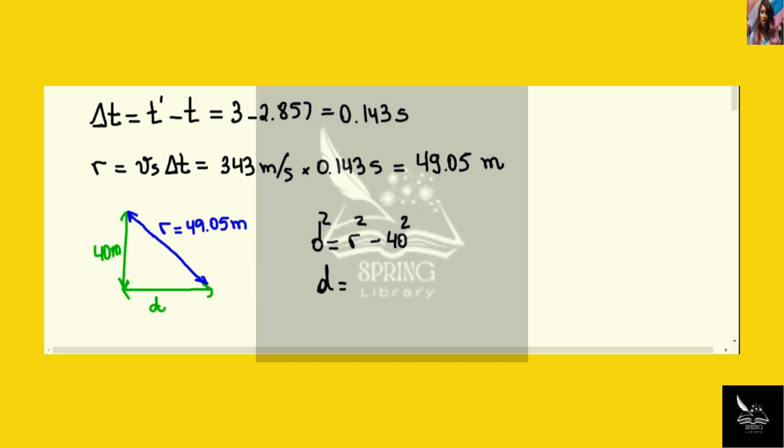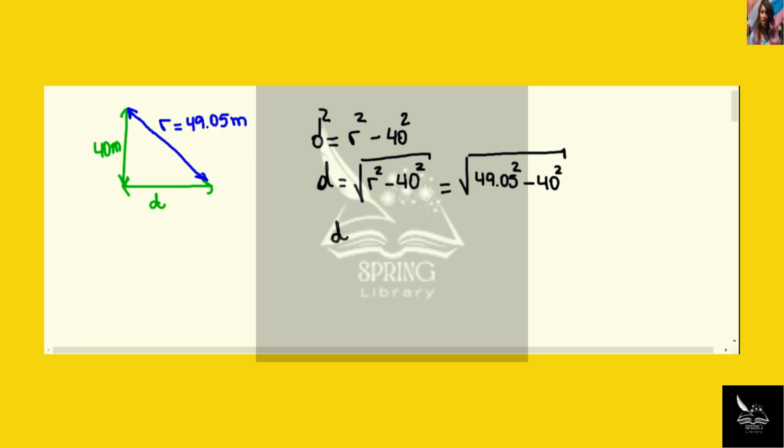So d is equal to the square root of r squared minus 40 squared, which is the square root of 49.05 squared minus 40 squared. So d is equal to 28.39 meters.